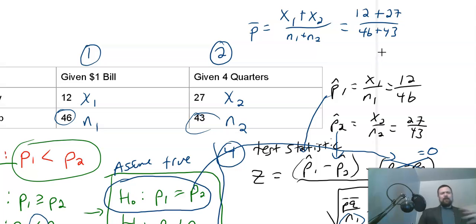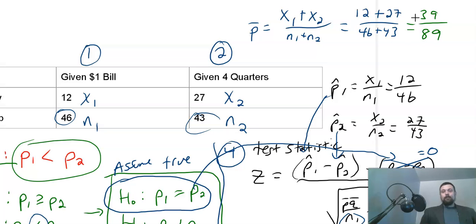I'm trying to think of a good way to describe that. They're people, right? So out of 46 plus 43 total people, we have 12 plus 27 successes, which is spending the money to buy the gum or the mints. And so adding those together, we end up getting 39 on top divided by 89.